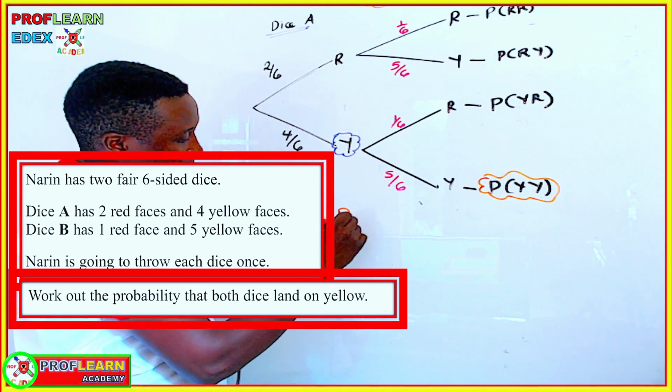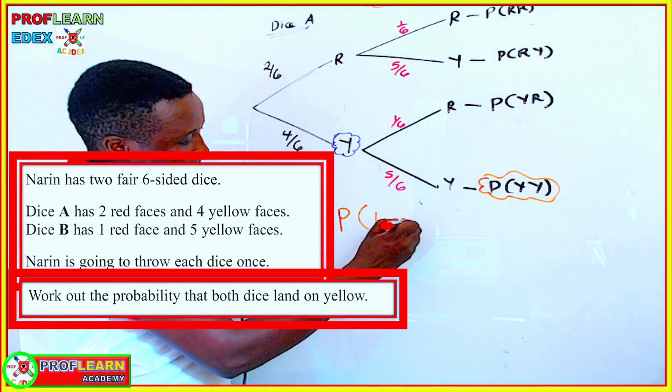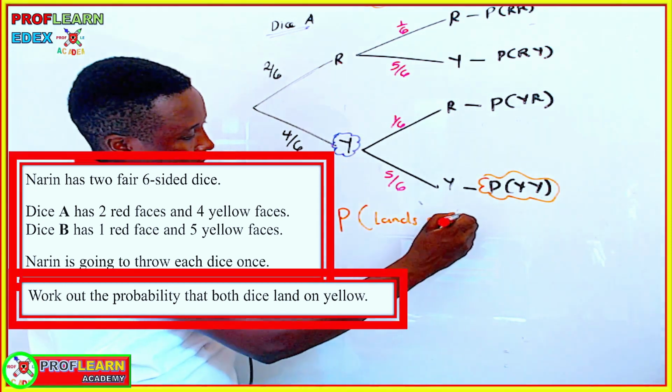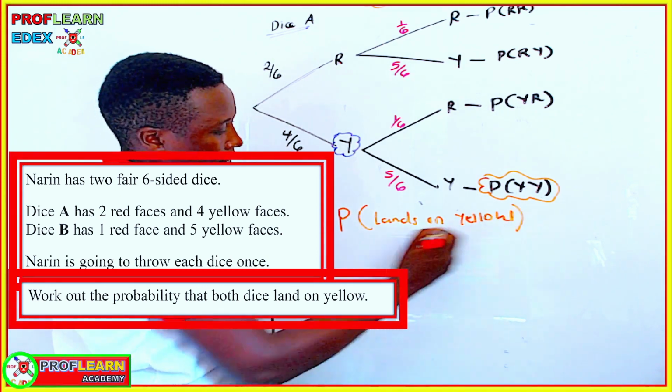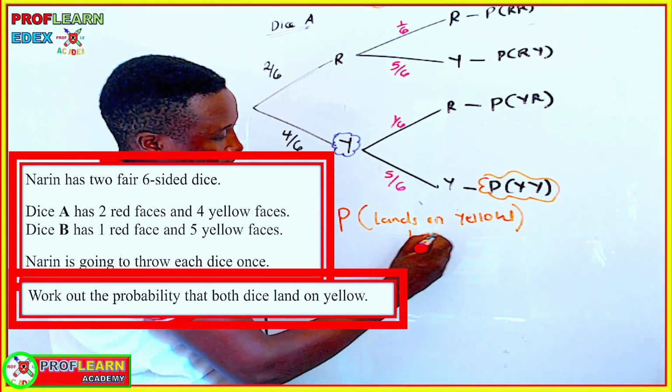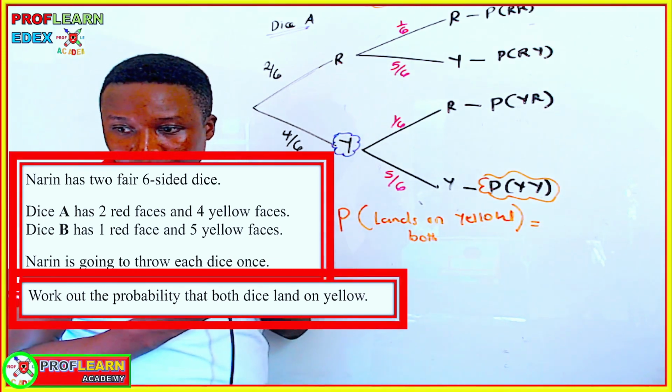So the probability that both land on yellow, let me add that statement, and that is going to be equivalent to what?